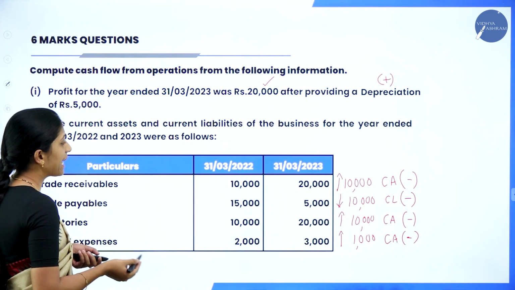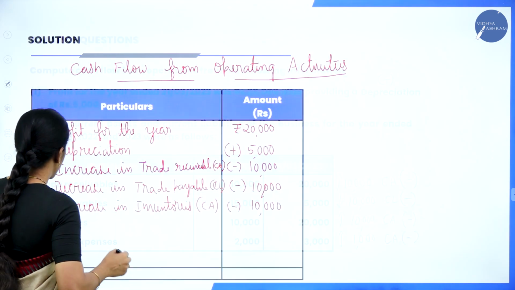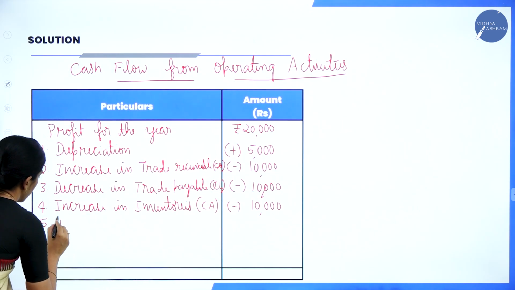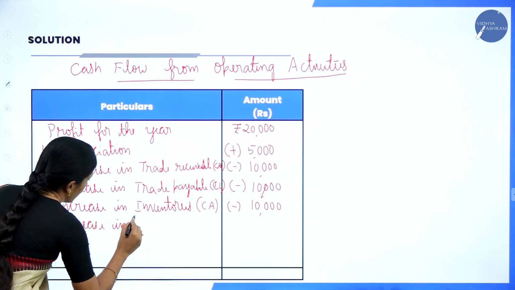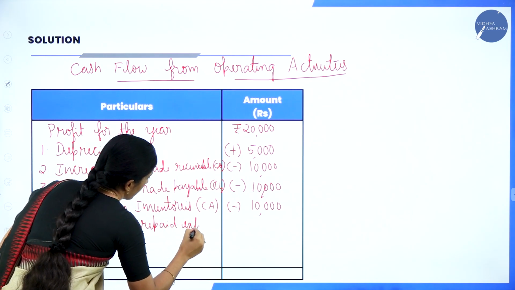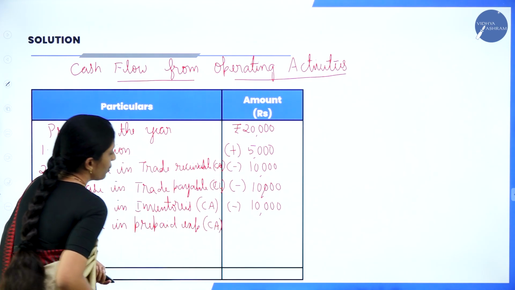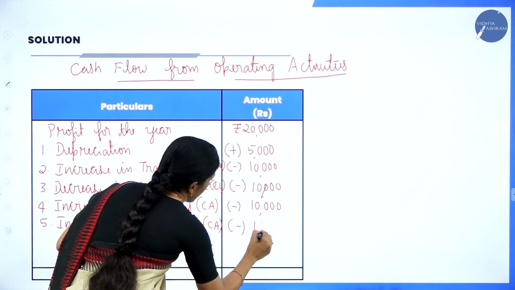Next, prepaid expenses. It is also an asset. Increase in prepaid expenses, that is current asset. So what you have to do? Minus 1,000 it has increased.